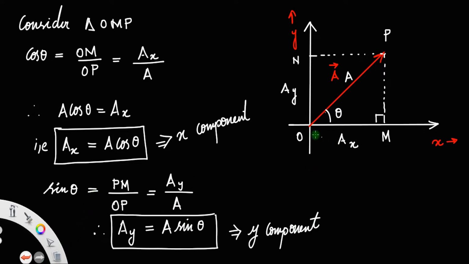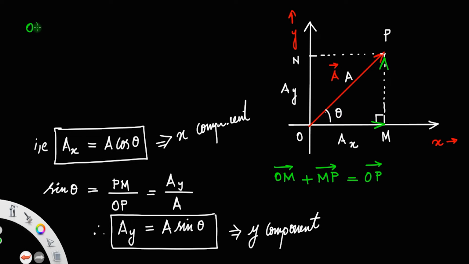Also, if you take this triangle in the vector form, that is, if I take the direction of OM, in this direction, and MP in this direction, and if you use the triangle law of vector addition, then you get the vector OM plus MP. The closing side, or the third side, should be in the reverse order, that is OP. This is the triangle law of vector addition, that is OM plus MP is equal to OP.